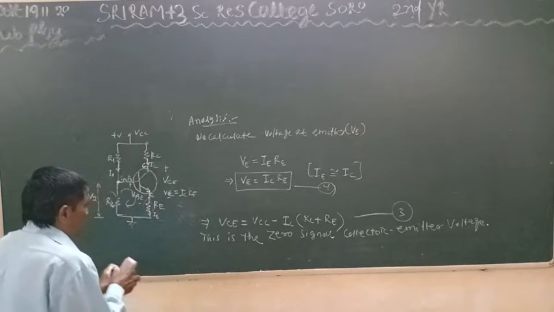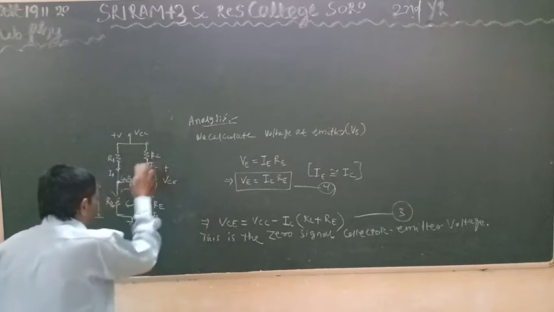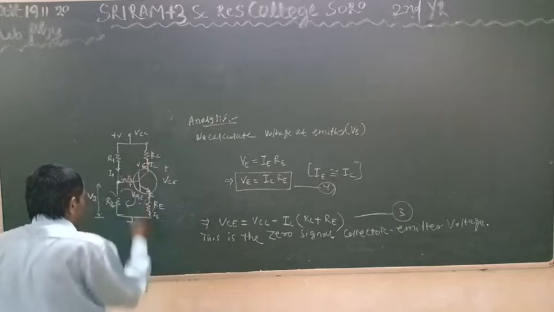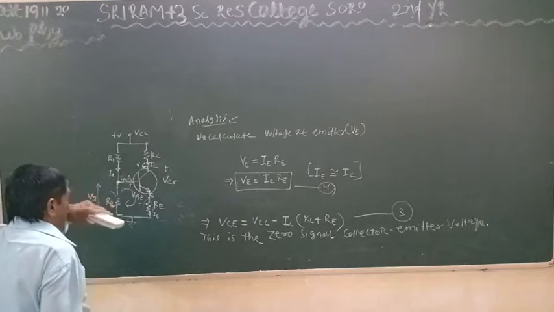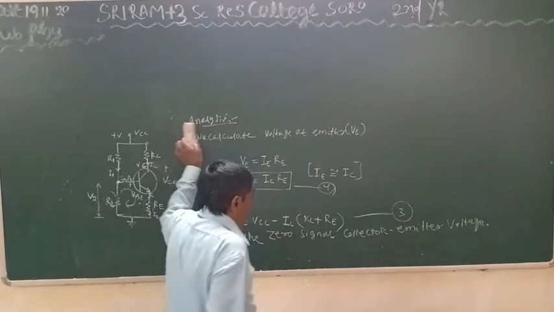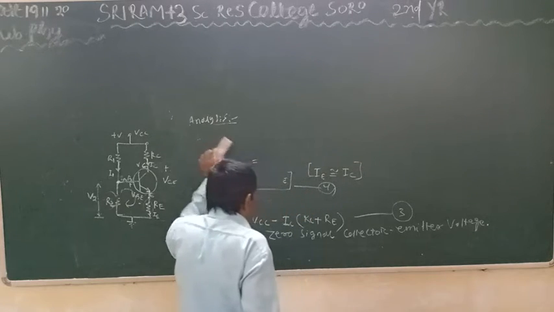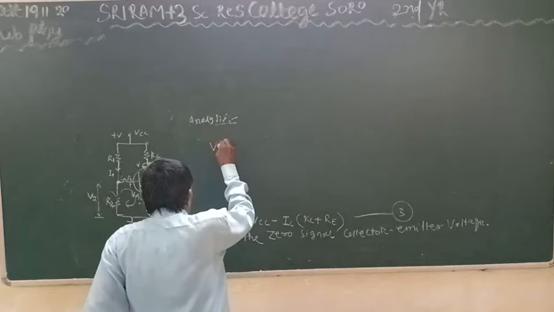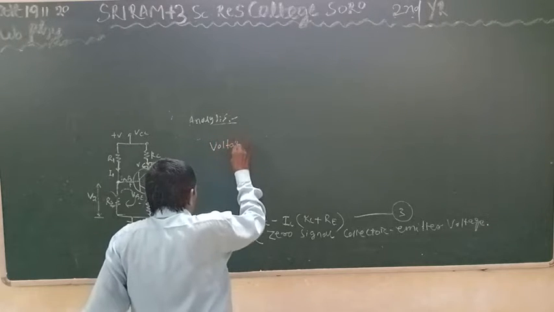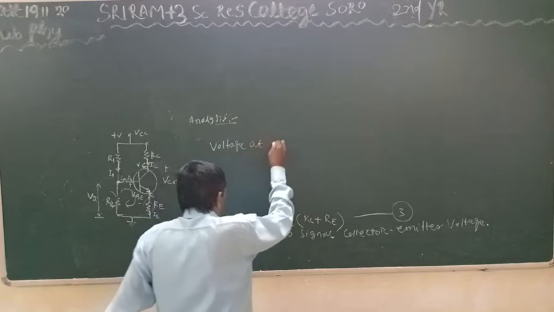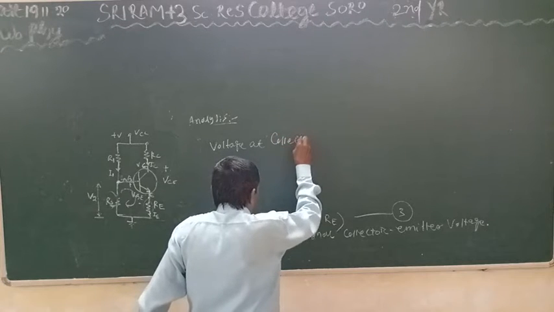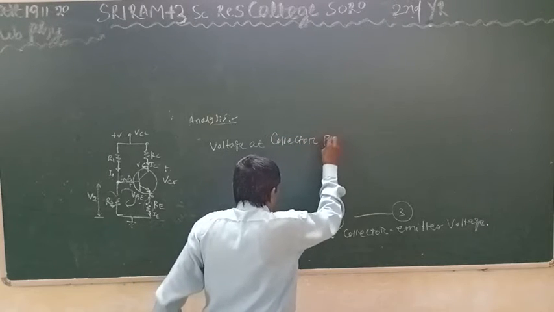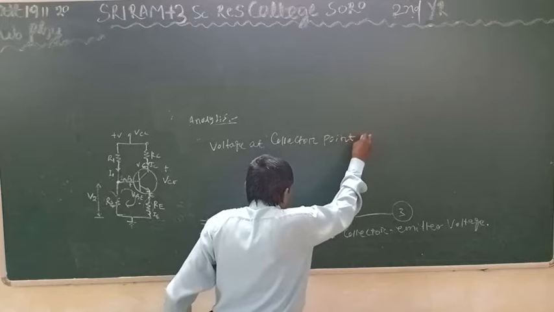Now again we calculate the voltage at the collector point, that is VC.